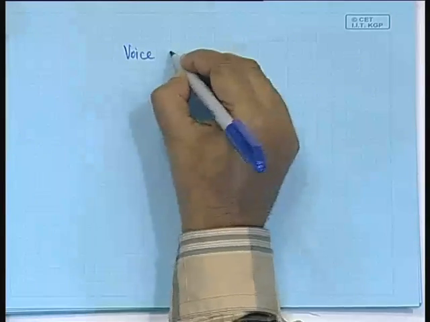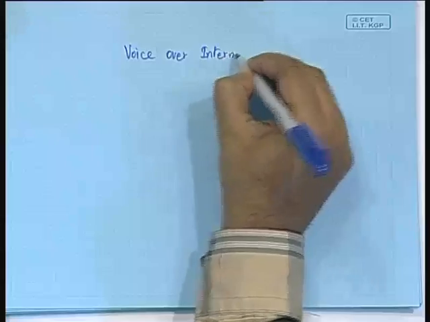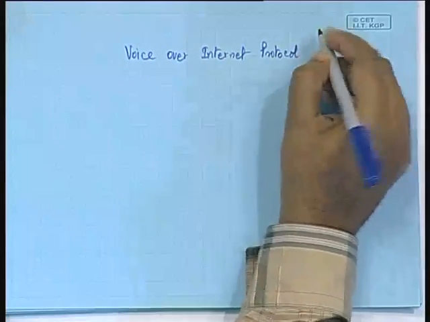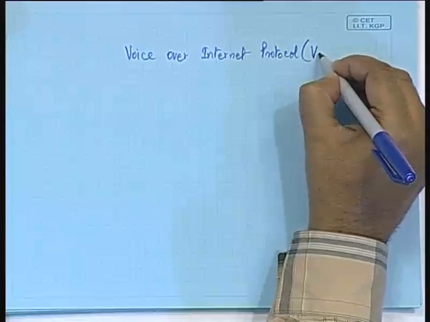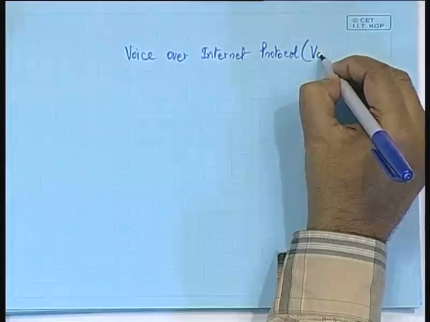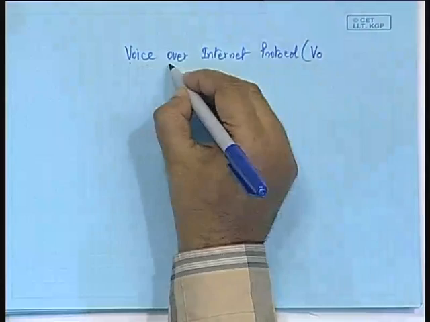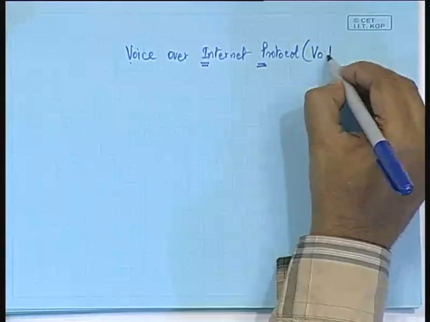If there is none, then we will go over to the next topic, which is the voice over internet protocol. And very popularly it is referred to as VoIP, where the O is written with a small case o, because this is "voice over", but Internet's I and Protocol's P are all capital.